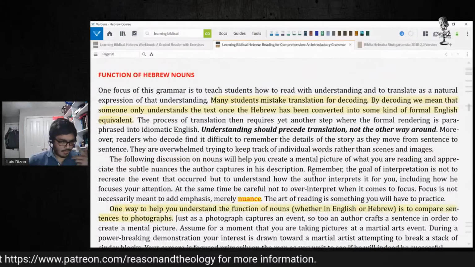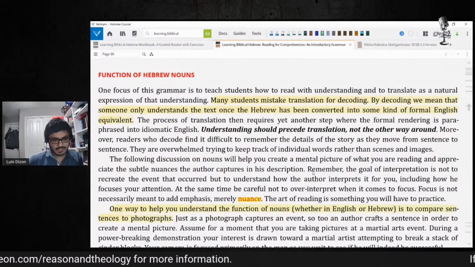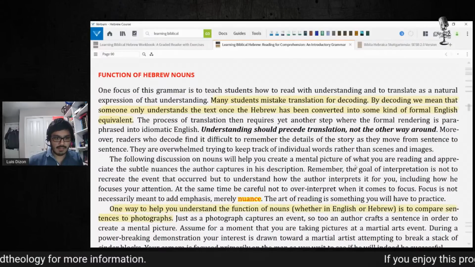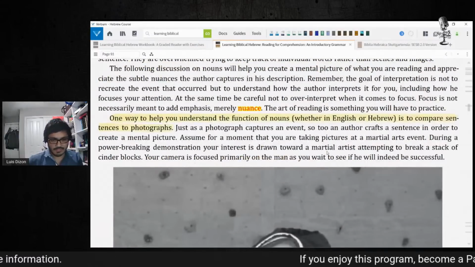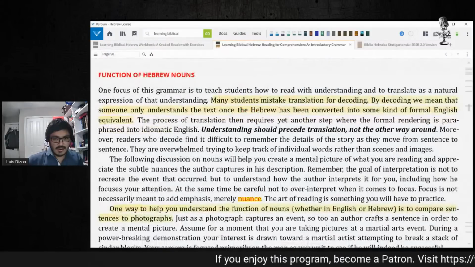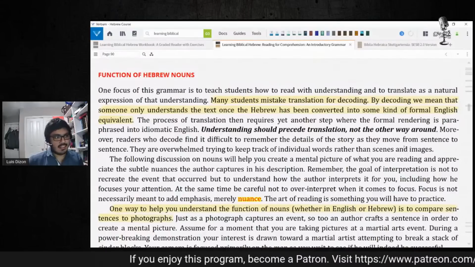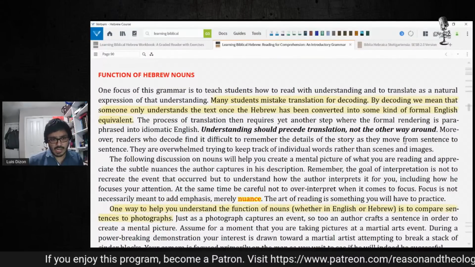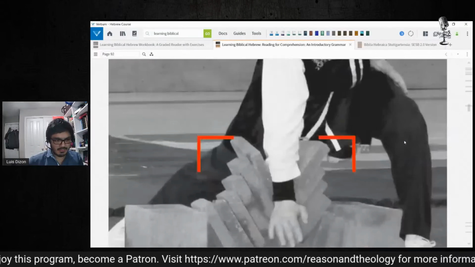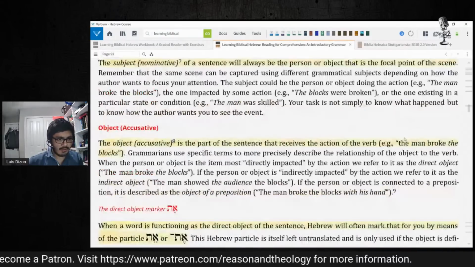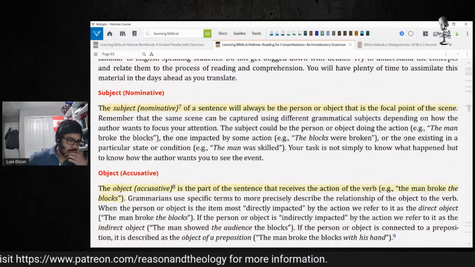In Hebrew, it's just one form. So, eved, which is the word for servant in Hebrew. This is not to say that Hebrew doesn't have rules for how to determine a nominative from an accusative. There are ways to learn them.